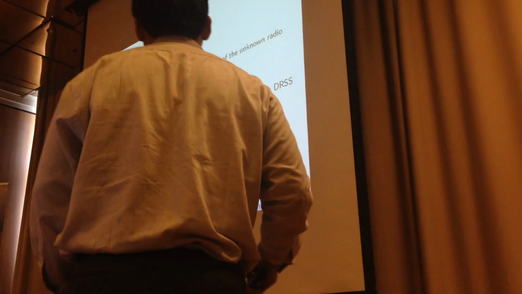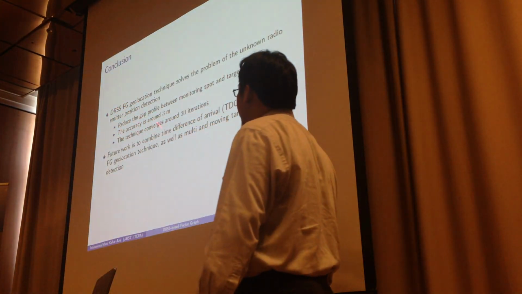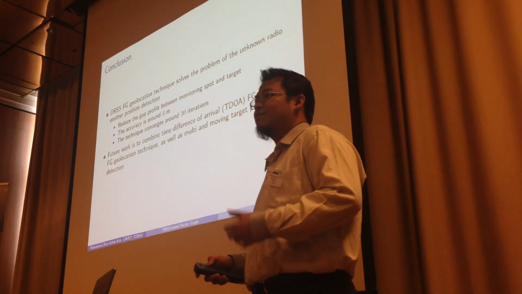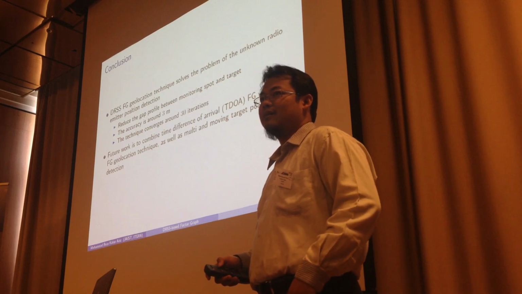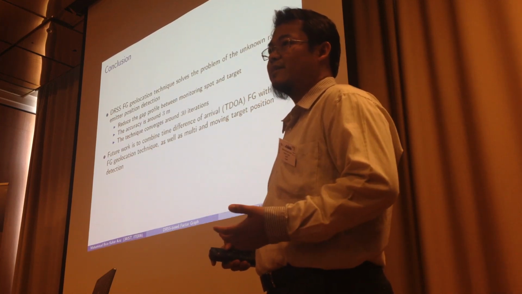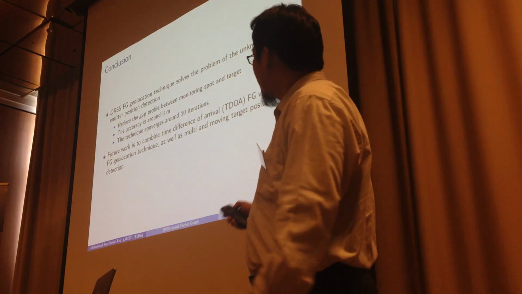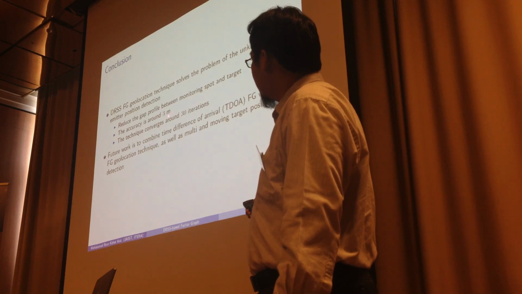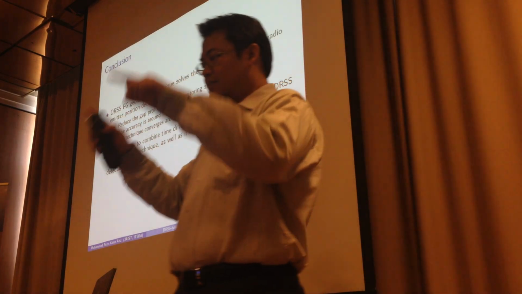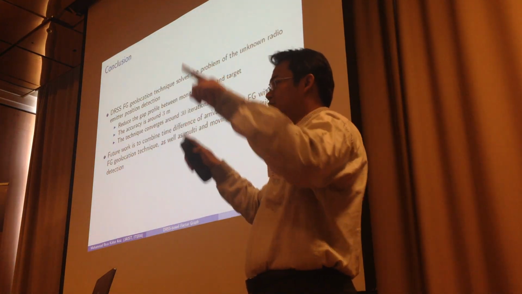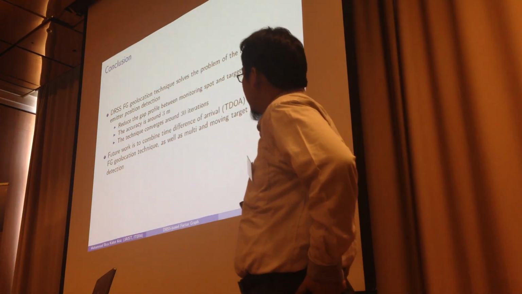So I can conclude in my presentation that DRSS geolocation solves the problem of the previous conventional RSS technique, which cannot detect an unknown radio emitter, for example, an illegal radio. DRSS can detect with around 3 meter accuracy with the 200 meter monitoring spot area, and the sensors are around 1 kilometer to 1 kilometer.